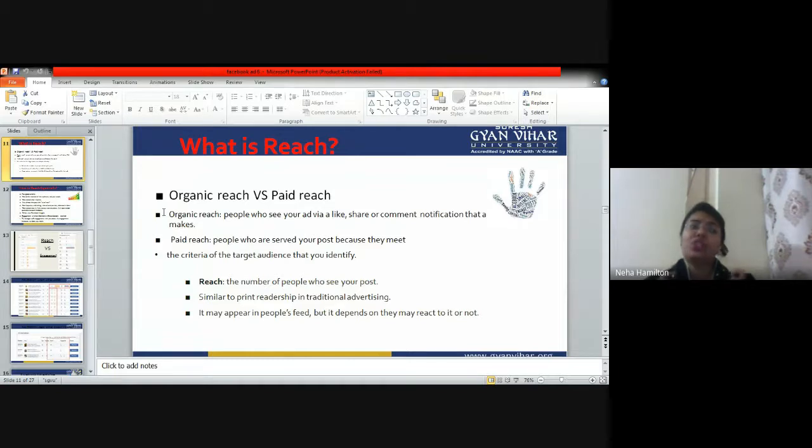Means you have shared a Facebook post on your social media page, right? Now people like that post very much. They are sharing it on their Facebook page, and they are sharing on WhatsApp also. You can share a Facebook page post on WhatsApp also very easily, and people are liking it, commenting on it.